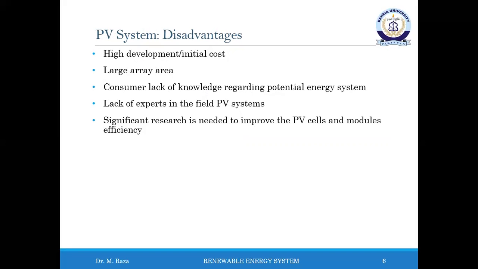The available solar radiation resources at a particular location determine the feasibility of producing an appreciable amount of power. There is also a lack of knowledge among some groups and in some areas about the potential of solar energy systems, particularly photovoltaics.